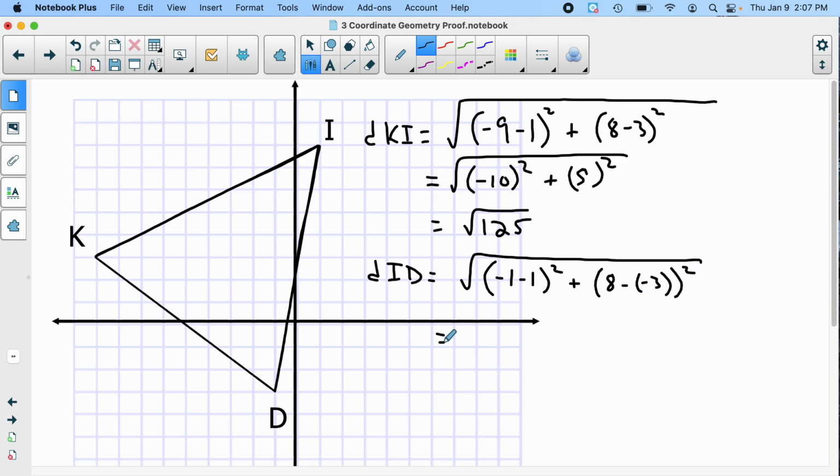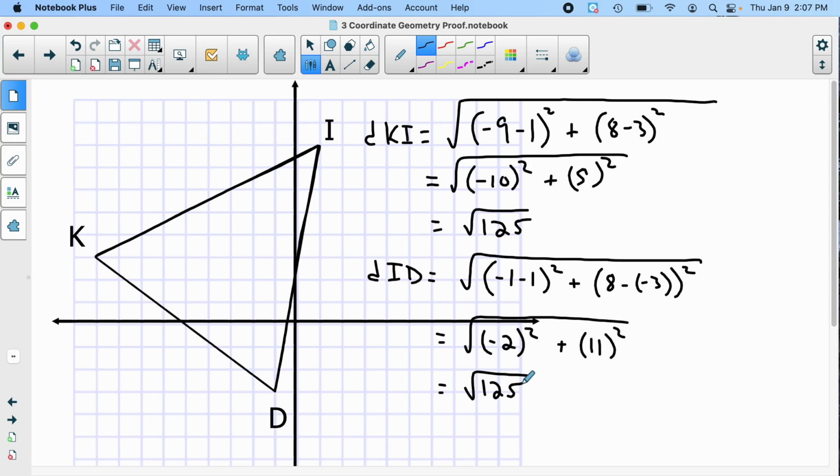And let's see what happens when we do those. We get -2 that we're going to square, and it looks like we get 11 that we're going to square. When you square -2, you get +4. 11 squared is 121. And check this out. They both equal 125.